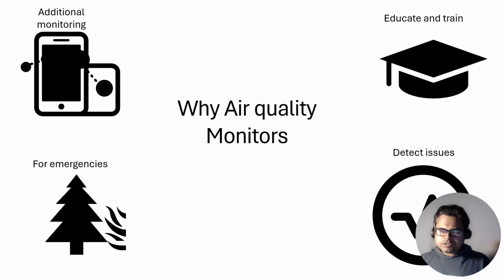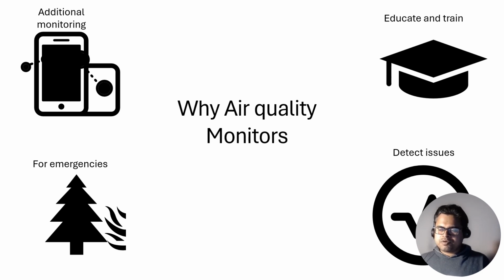Air quality monitors could serve a few different purposes. They could be used for additional monitoring in a space to add to the information available from existing monitors that are part of maybe a building management system. They can be helpful in educating occupants about the importance of air quality and training people about how to use air quality monitoring and where to use it.